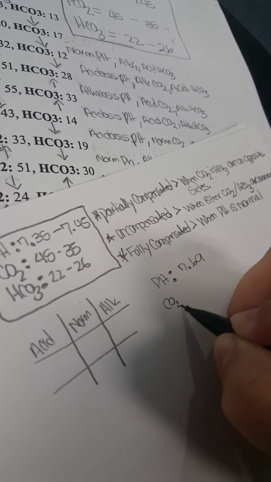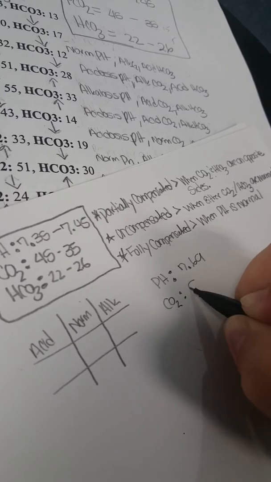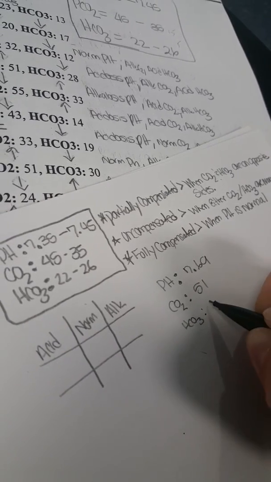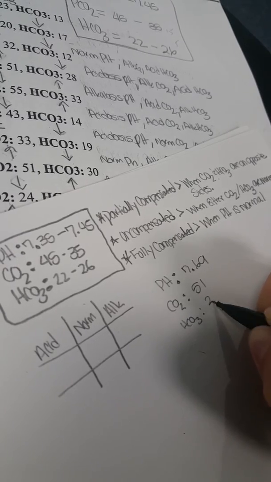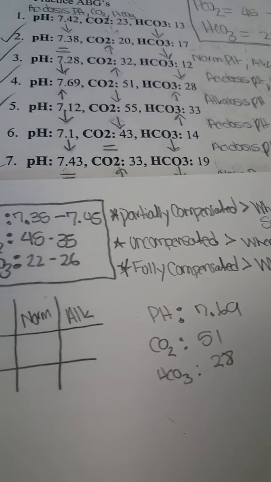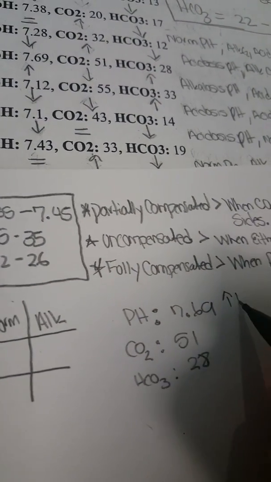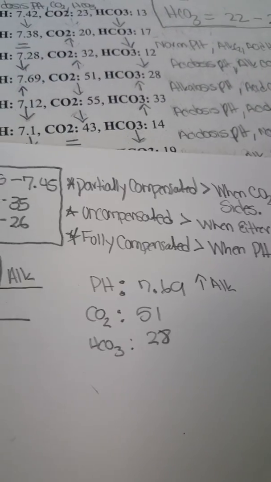7.69. Okay, so here we go. 7.69 is above the 7.45, so it's alkalosis.